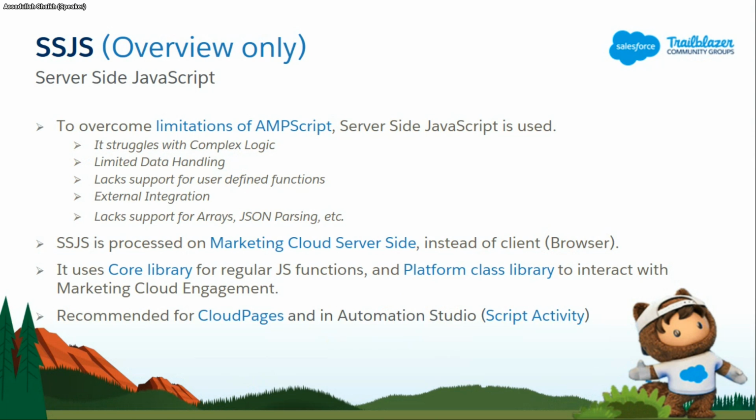But there are some restrictions in AMPscript, and there is a particular reason for that. The reason is to keep things simple. The main objective of AMPscript is to personalize the content, not to build complex web pages or websites, right? So for that, we have server-side JavaScript, which we normally use to build the landing pages in Marketing Cloud.